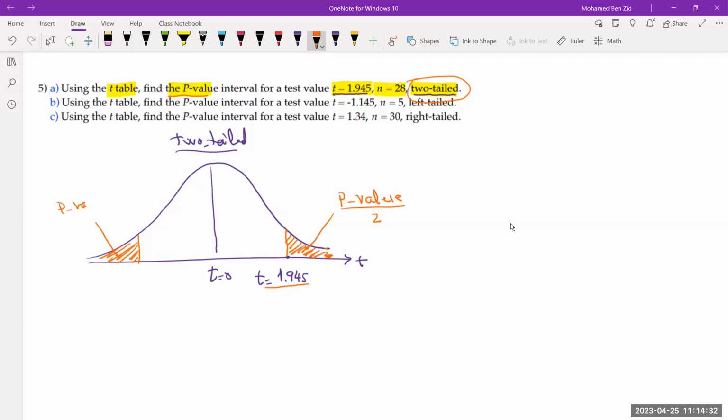And the other half is going to be over here. So your p-value is the sum of these two areas. All right. And this happens only for the two tails.